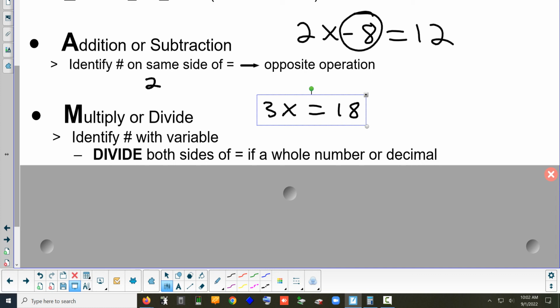What about if you had a fraction next to the variable? That's another case. Anyone remember what we do there? We have a fraction next to the variable. Abby?